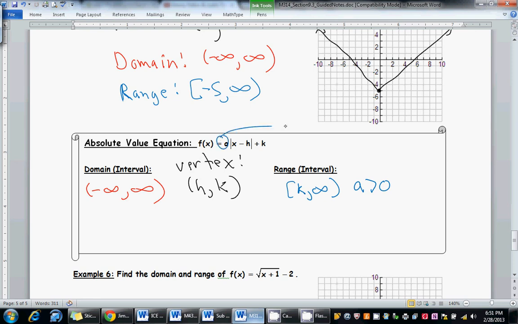If a is greater than 0, you're going to have an absolute value equation that opens up. If a is less than 0, your absolute value equation is going to open down, right? Now, all of a sudden, k becomes your largest y value.